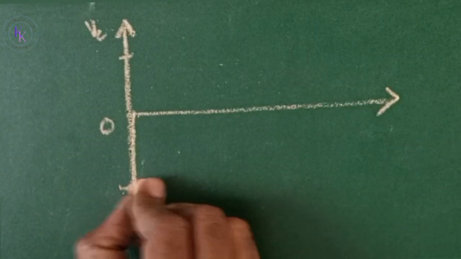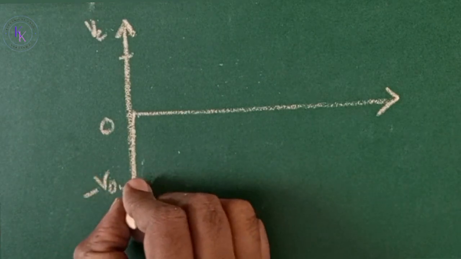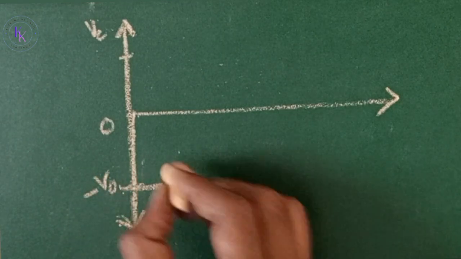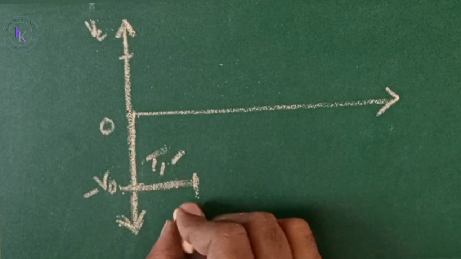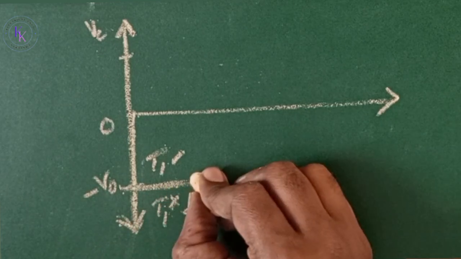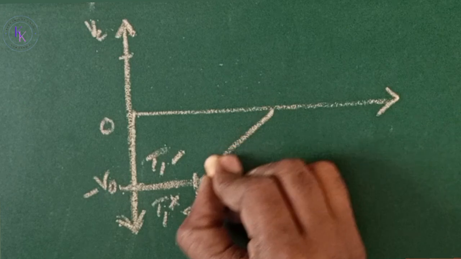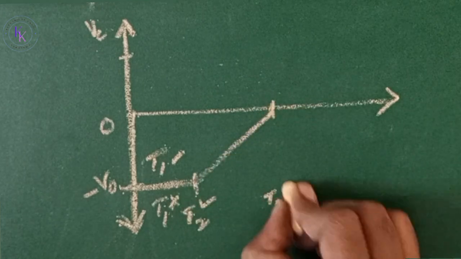Now, at the initial stage, the capacitor voltage will be minus V0 and it will stay at minus V0 until T1 is on. At this point, T2 is turned on and T1 is off. Then it starts discharging to 0. At 0, T2 turns off.